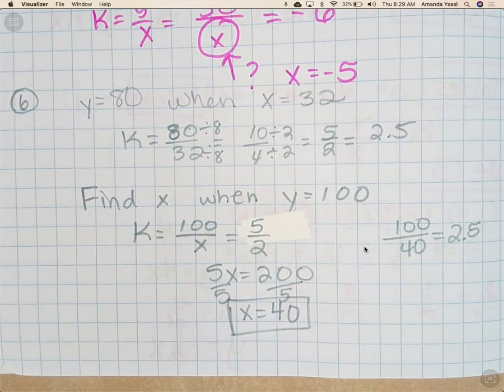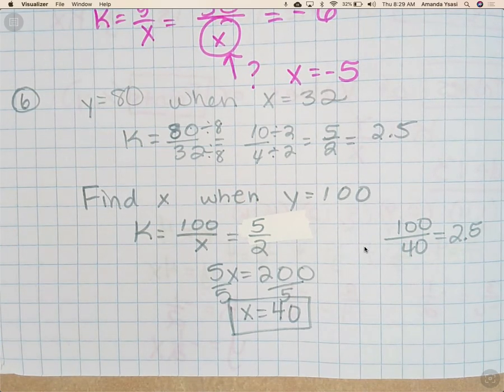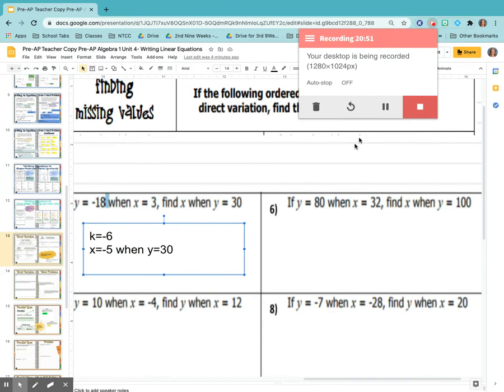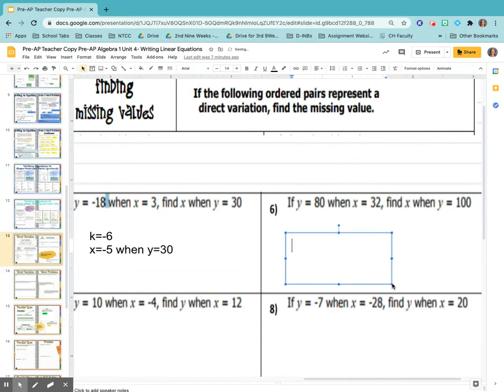Go ahead and fill that in on your digital interactive notebook. So k equals 5/2, which equals 2.5. I'm writing it in both forms, fraction form and decimal form. And then x equals 40 when y equals 100.